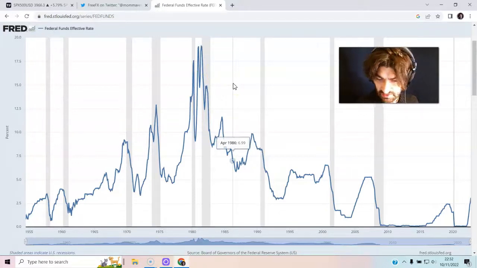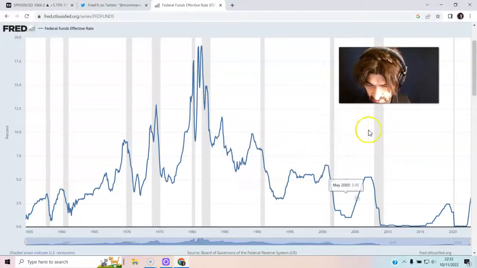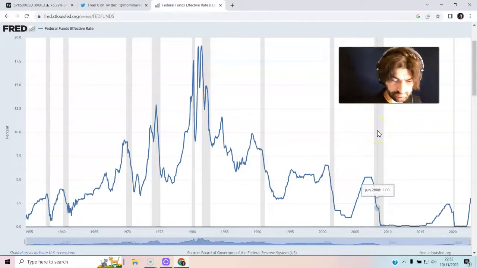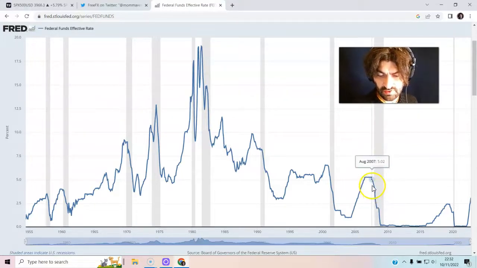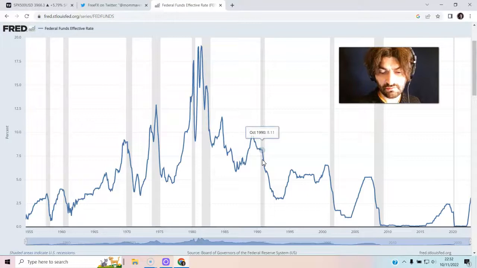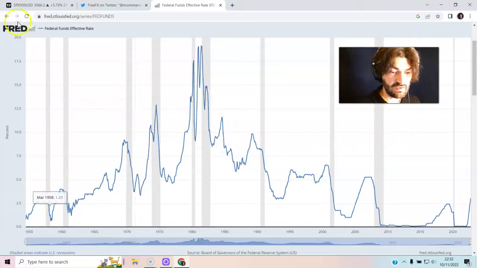I believe the grey areas are recessionary periods, and in this recession period we had the QE obviously, or cutting the funds rate effectively. That's what we get from this chart.